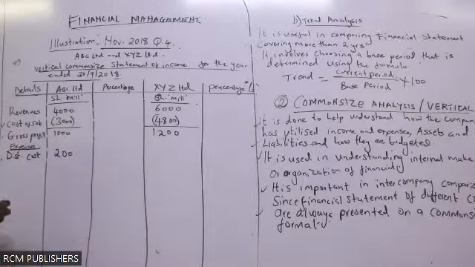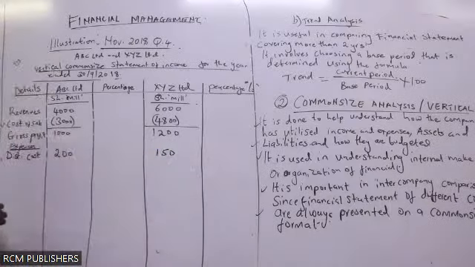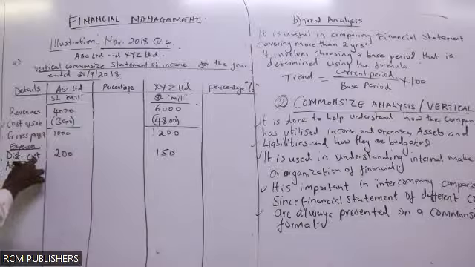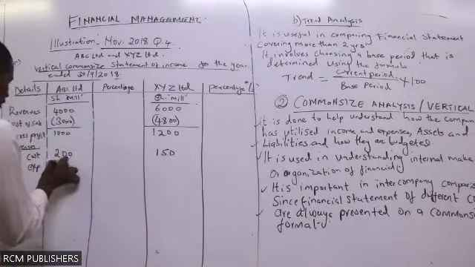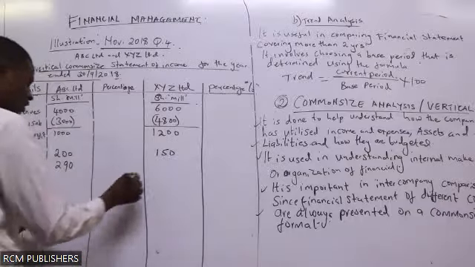This company has 200 and this one has 150. Admin expense. Admin is 290 for company ABC and 250.